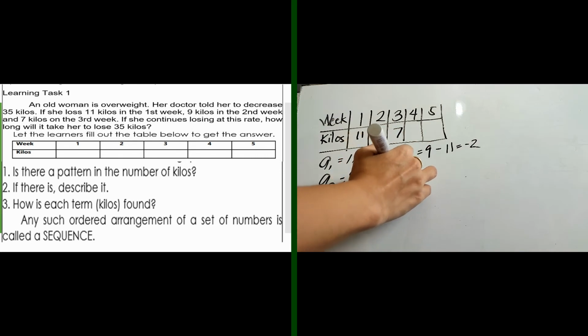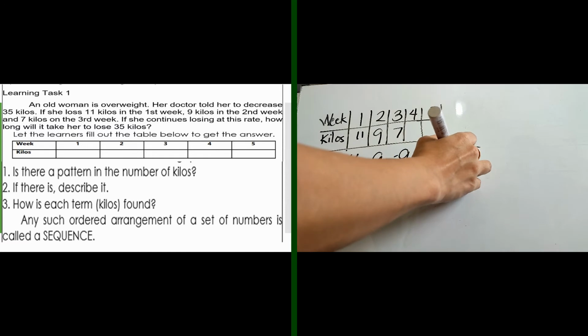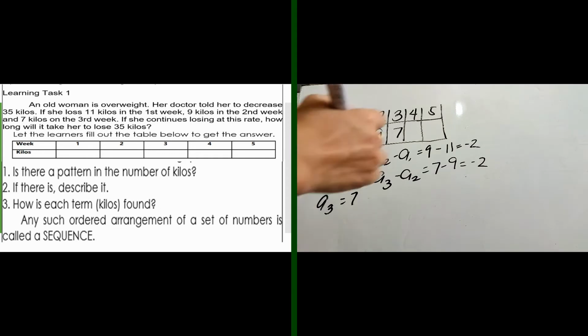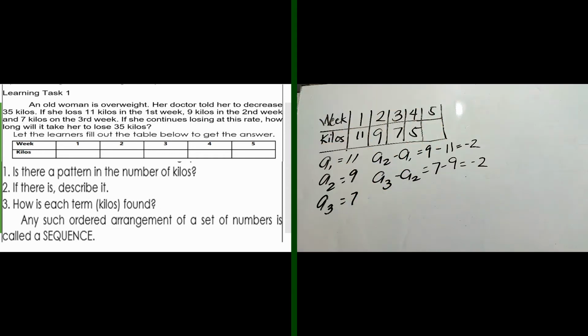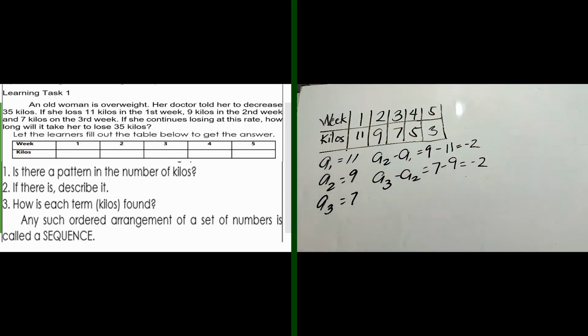Then a sub 3 minus a sub 2 gives you 7 minus 9, and that is negative 2 as well. So there's a pattern, and that is negative 2. A negative 2 gives you a mindset that you're just going to deduct 2. So the next number will be 7 minus 2, which is 5, and 5 minus 2 is 3.